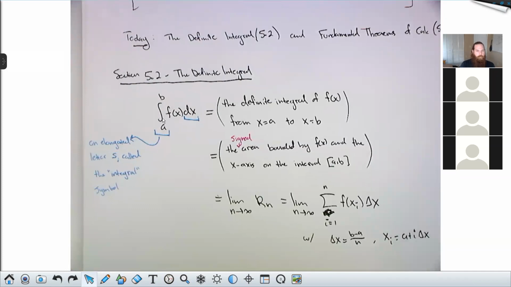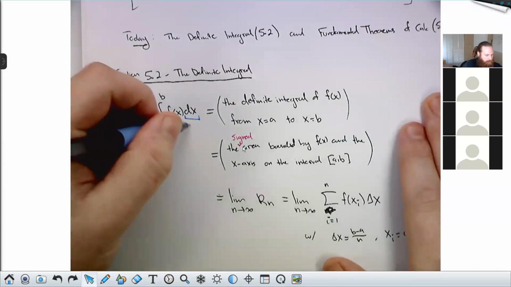So this part right here is read as the integral from A to B. The S is called the integral symbol, and these numbers A and B are the numbers A and B from your Riemann sum, from the area. It's the X values that you're looking at finding the area under.